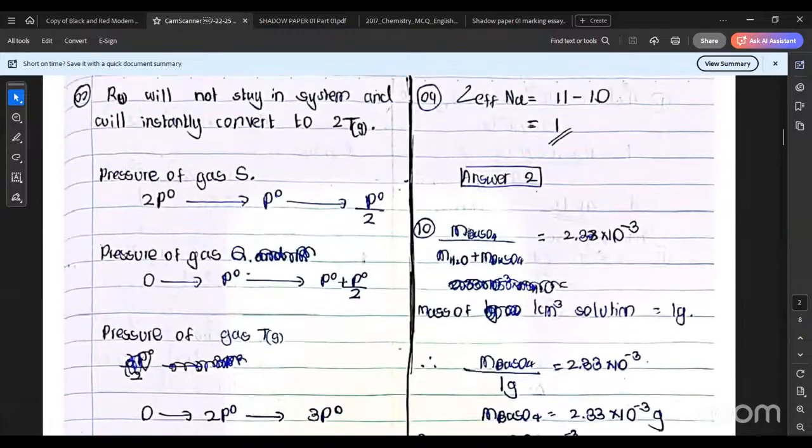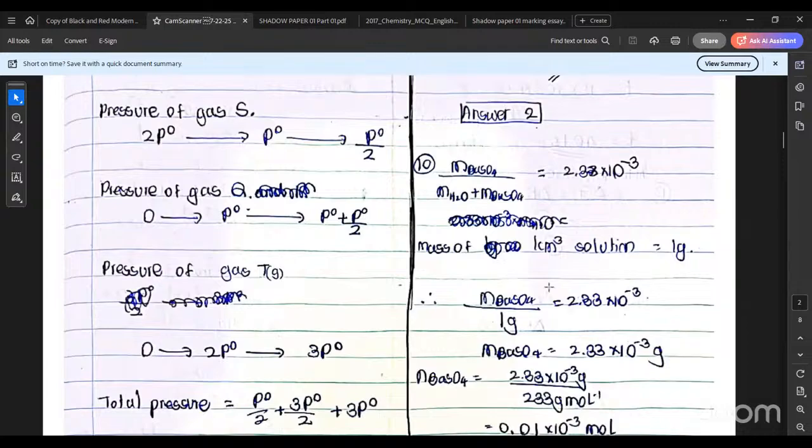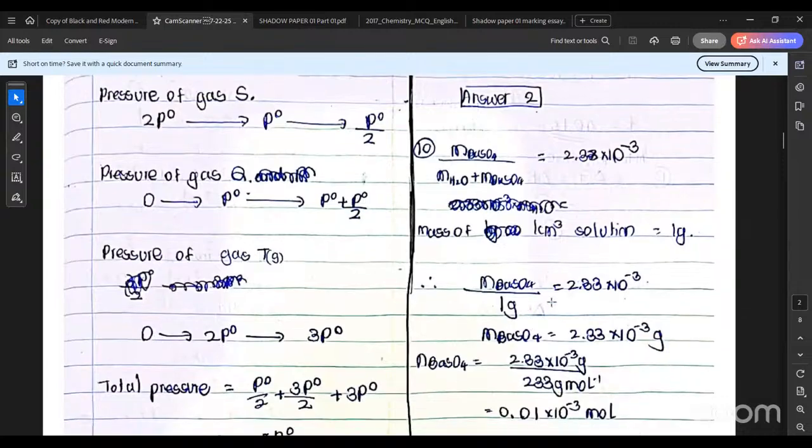Now, the mass fraction is the mass of barium sulfate divided by the mass of water plus the mass of barium sulfate. So that is going to be 2.33 × 10 to the power minus 3. Then the mass of 1 cubic centimeter of solution is 1 gram, because they have given the density, right? So from that we can take that. And then the mass of barium sulfate is going to be 2.33 × 10 to the power minus 3.